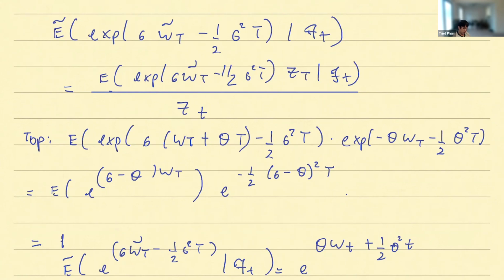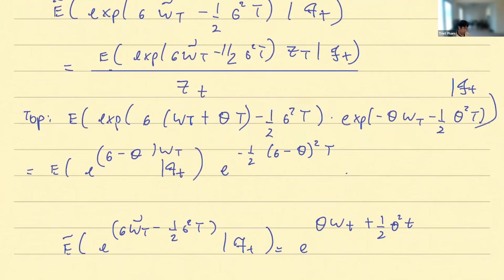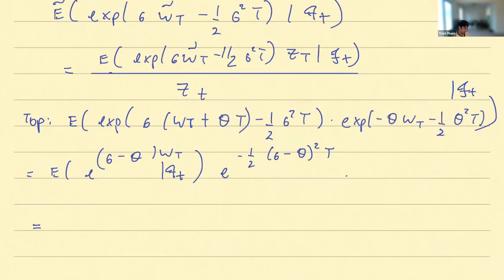So here, this whole thing is still conditioned on F little t. What that means is this is conditioned on F little t. So actually the top is not 1, but the top is, conditioned on F little t, that would be E to the sigma minus theta times WT.